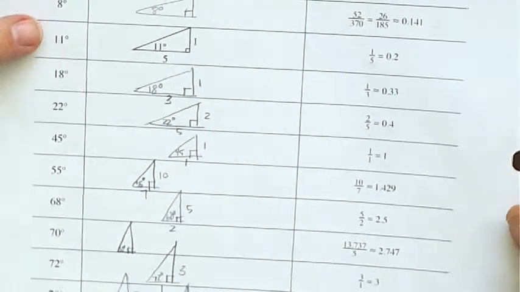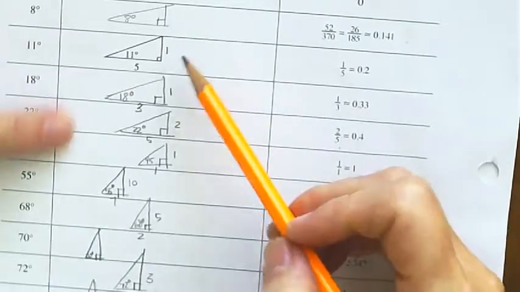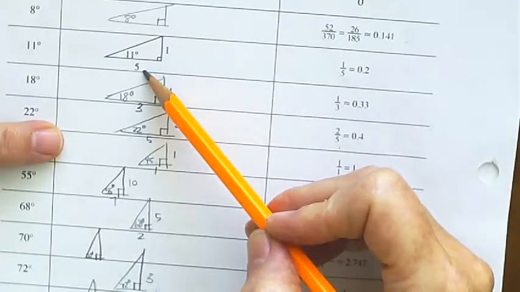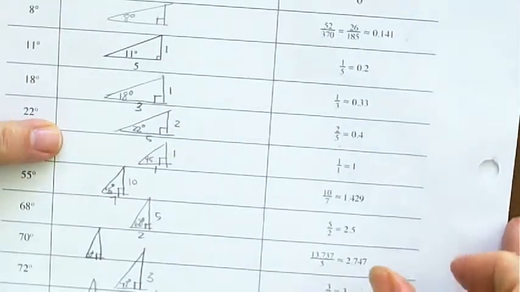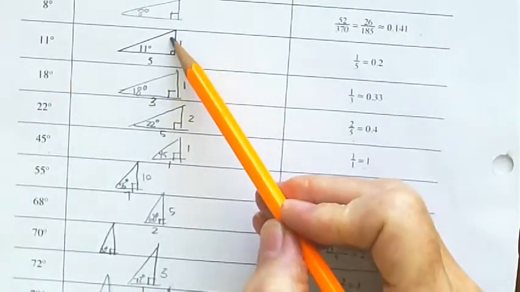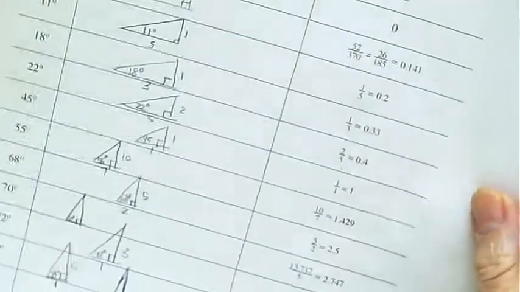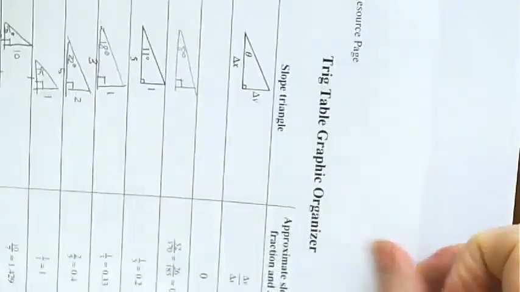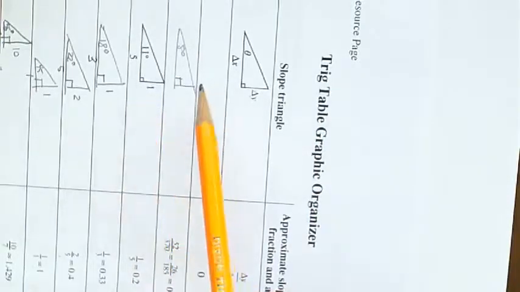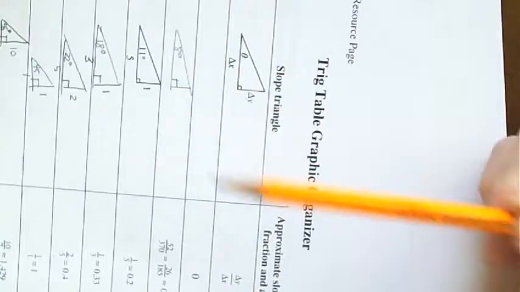And we saw in our very first example that an 11-degree angle has a slope of 1/5. So then we figured out that if we're looking at this angle, which would be 79 degrees, then if you rotate this and reflect it, your rise and your run are instead now 5/1.